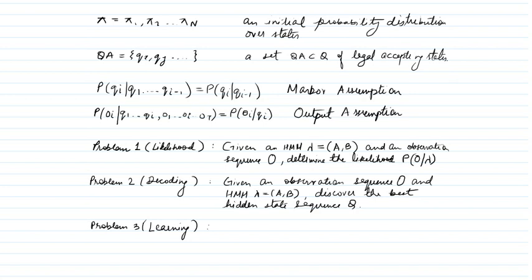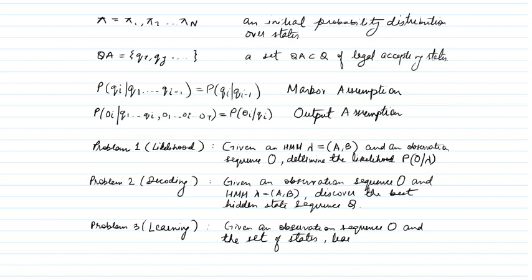So given an observation sequence O and a set of states, learn the HMM parameters A and B.